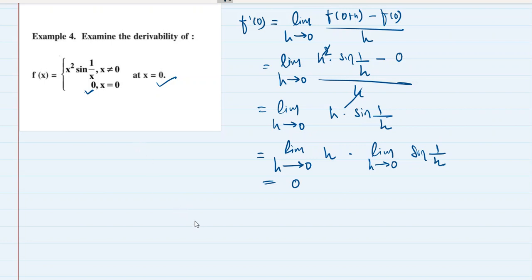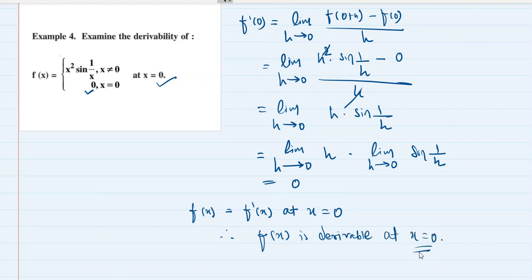See, if you say that f of x is equal to f dash of x at x is equal to 0, therefore f of x is derivable at x is equal to 0, because the value of the function and the value of its derivative at x is equal to 0, both are 0. Okay, and that's why the function is derivable at x is equal to 0.